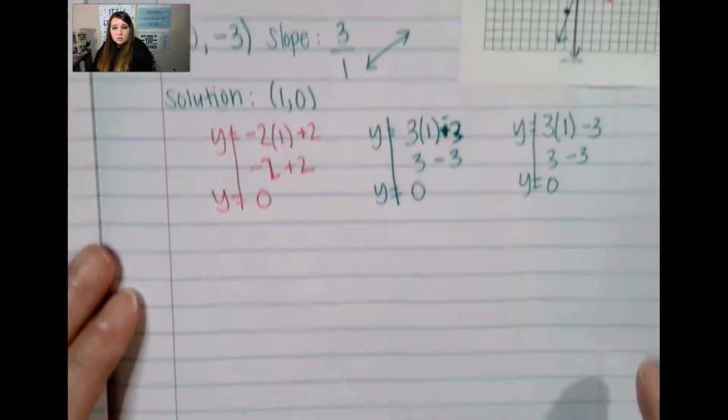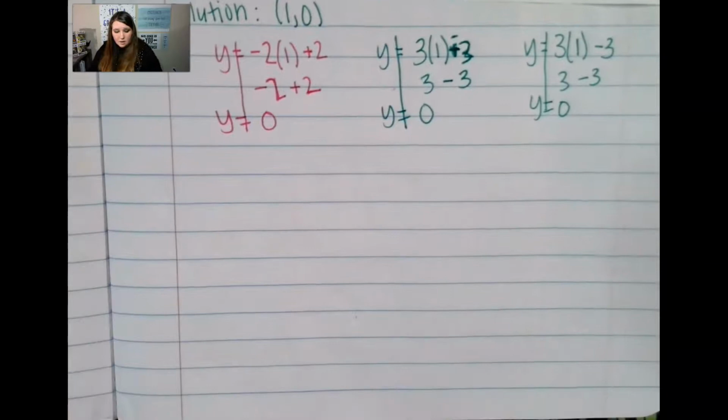Okay, it is your turn to do a try it. As you do your try it, I want you to remember to graph, and then if you want, you can also check your work there.